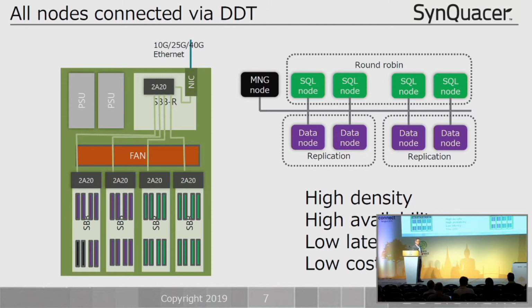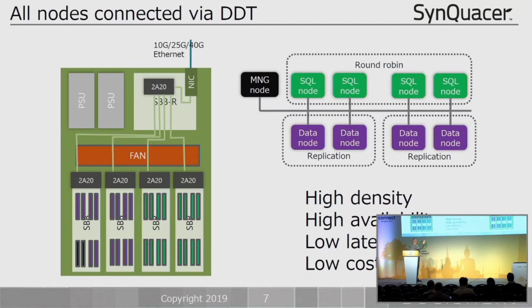We have 32 inside one unit. So we can scale both the SQL and data nodes, which we can assign by ourselves.